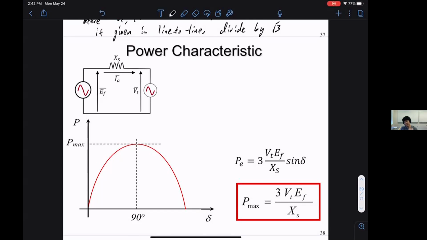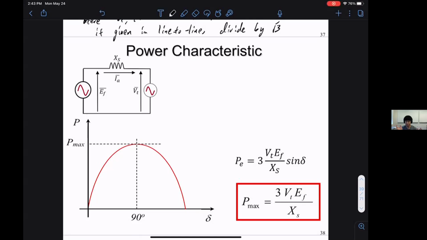So this is interesting, since this says often you're not limited by the amount of mechanical power you can supply. This is the electric model. Whatever mechanical power you can get into this generator, electrically, the maximum power you can pull out of it is 3 times V_T times E_F over X_S.